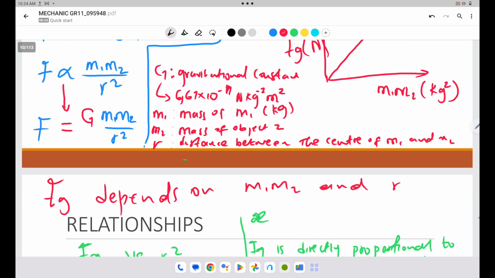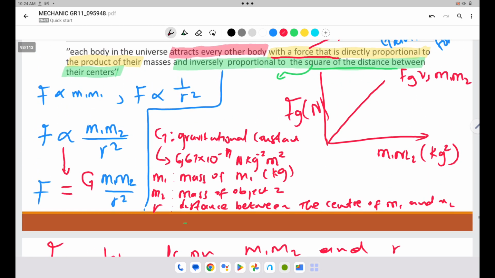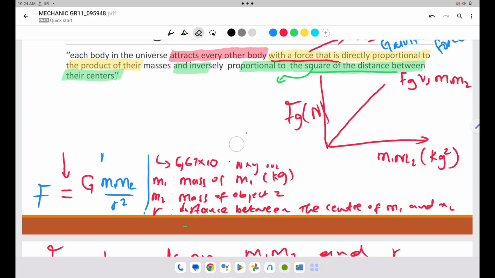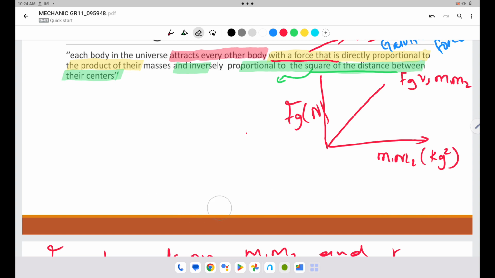And what we can do is plot these graphs using the equation, as I have explained in the previous video. So I'm going to explain how to plot the same graphs using the formula we have just seen. We have F equals G M1 M2 over R squared.